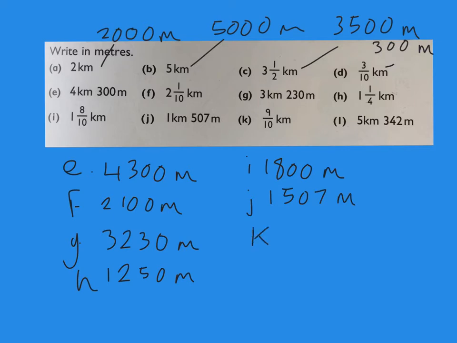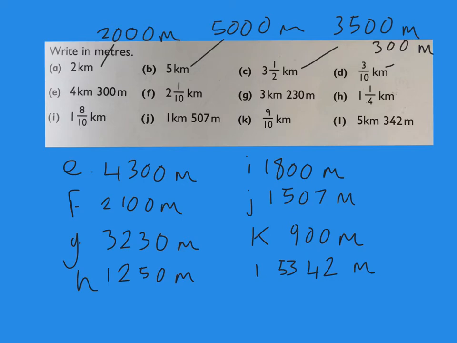K, 9/10 of a kilometer, so it's in meters, 900 meters. L then, 5 kilometers, 342, so it's 5,342. Oh, forgot the 5. 5,342 meters.